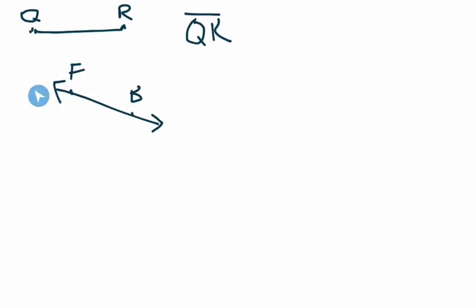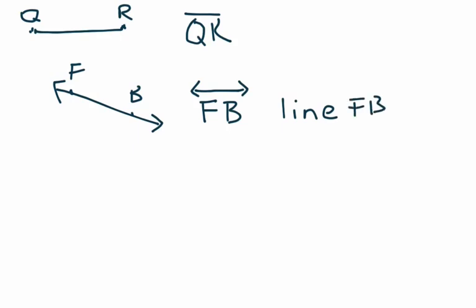It can continue on to this side and continue on to this side. We say that this is a line. So we represent it by saying this is line FB or BF, it doesn't matter, and then you put that on top, and that tells you that it's line FB. And you can also say line BF, okay?